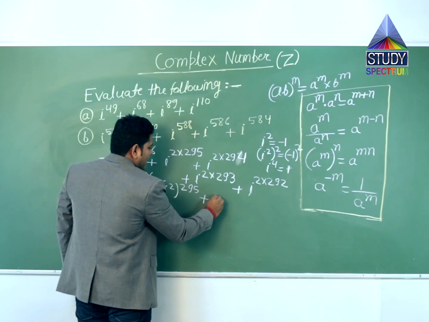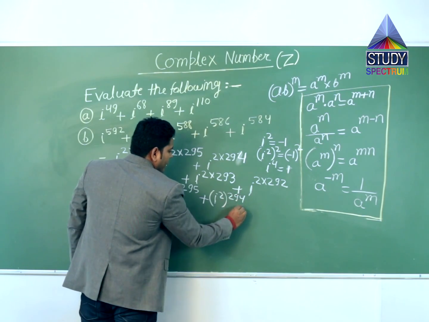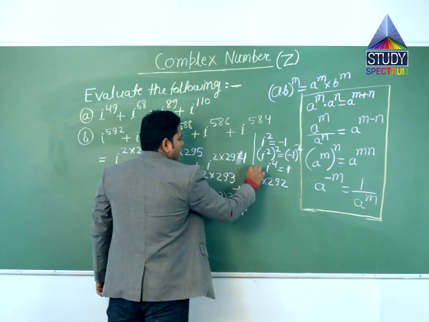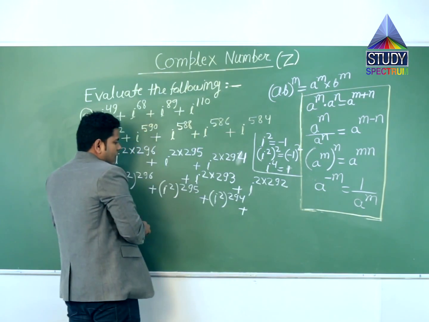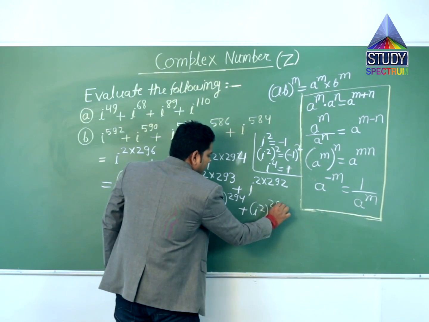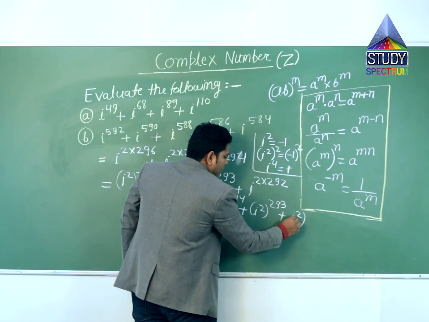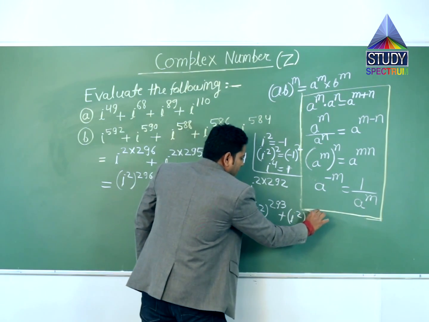We can write here i to the power 2 into 294 plus i square to the power 293 plus i square to the power 294.